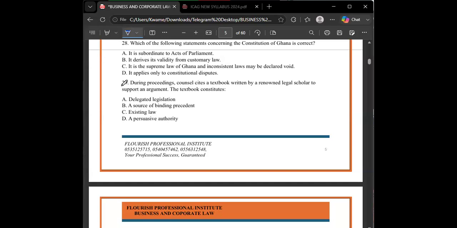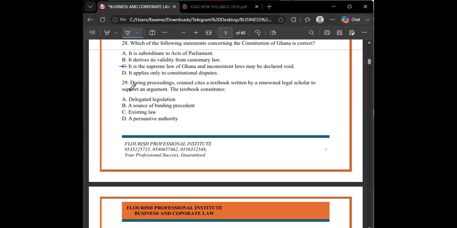C. It is the supreme law of Ghana, and inconsistent laws may be declared void. D. It applies only to constitutional disputes. And I choose C.